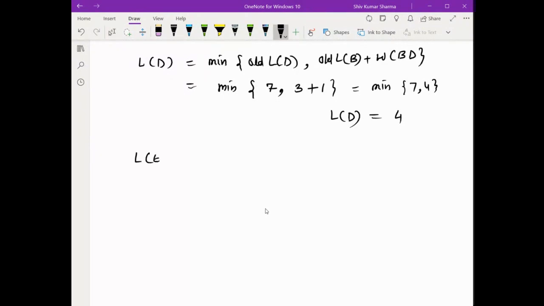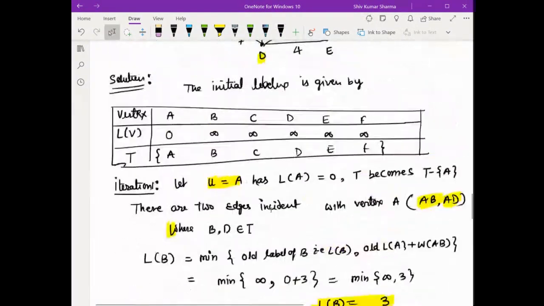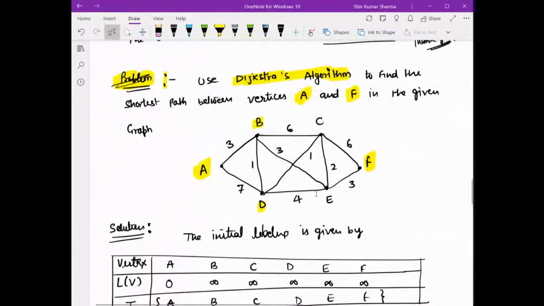Same, we calculate for level of E. So for level of E, minimum of old level of E, comma, old level of B plus weight of BE. So this is equal to minimum of old level of E, which is infinity, and old level of B, which is 3, plus weight of BE. What is the weight of BE?